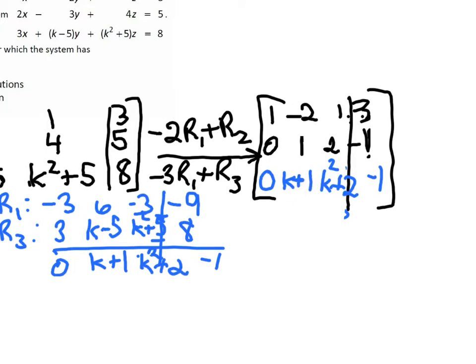So in order to get a 0 in that position, I want to do the opposite of this number, so negative k plus 1 times the 1 in this position, so times row 2, plus row 3. The operation that we need next is negative k plus 1 times row 2 added to row 3.